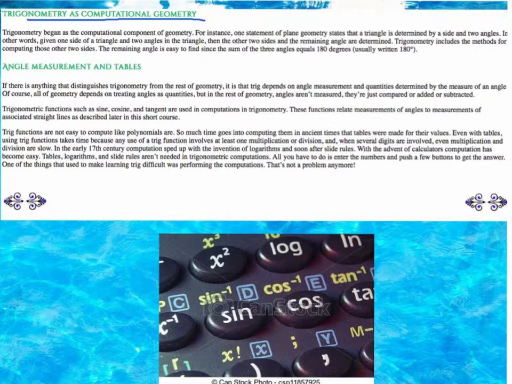It helps you do computations using a calculator to determine the angles or to determine the side measurements. So we're really looking at angle measurements, and it can be used of a table. All this information from a table is embedded into your calculators. So really all you have to do is enter the number and push a few buttons to get the answer.